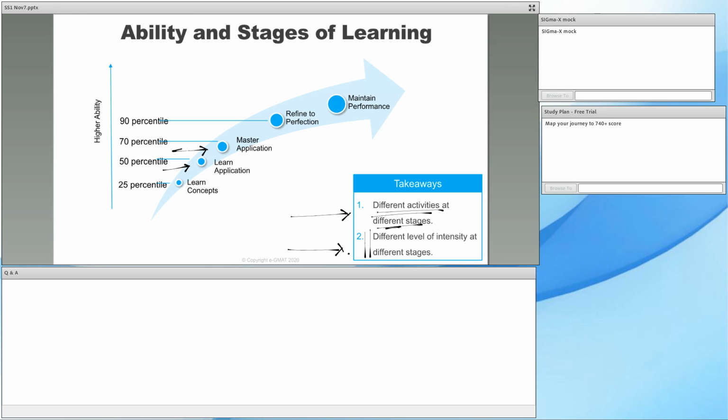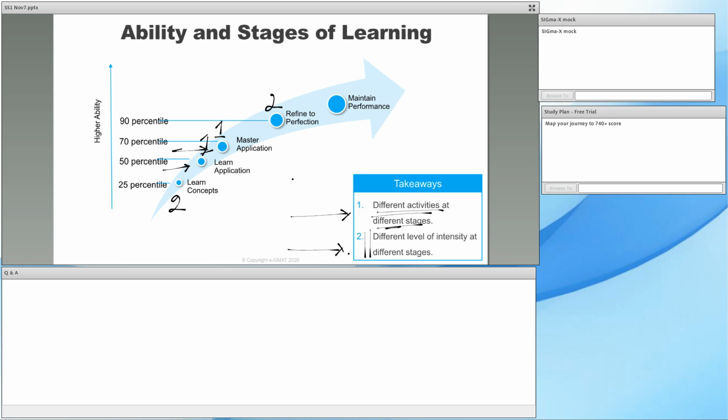If I were to say where is maximum intensity, where 1 is the high number, this would be 1 over here and this would be 1. This would be 2 over here, where you learn concepts. Why? Because concepts are still isolated islands, but when you get to application, you're integrating stuff. Refined to perfection is still 2. Why? Because you've already mastered application. Again, remember, 1 is higher than 2.